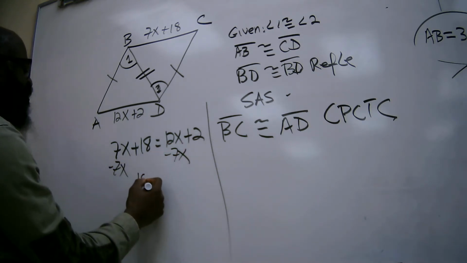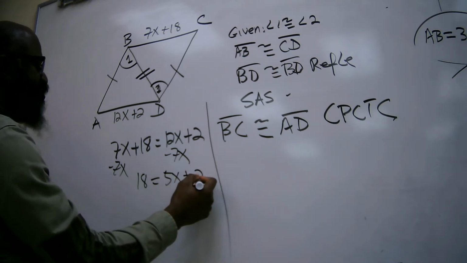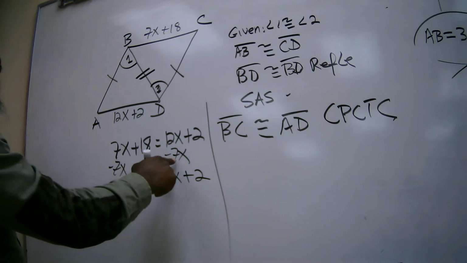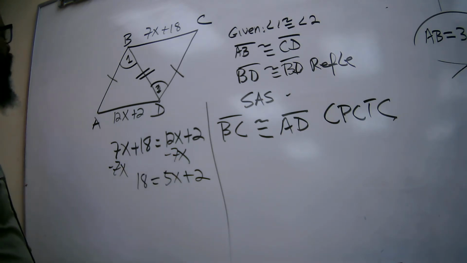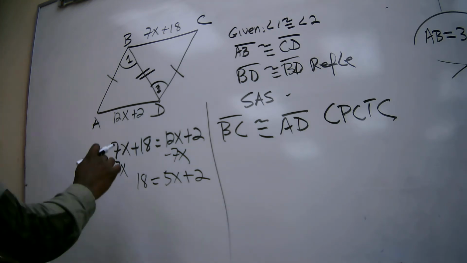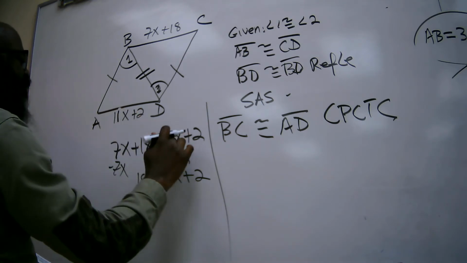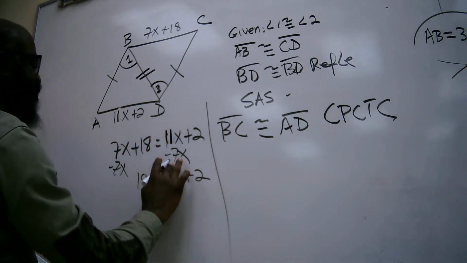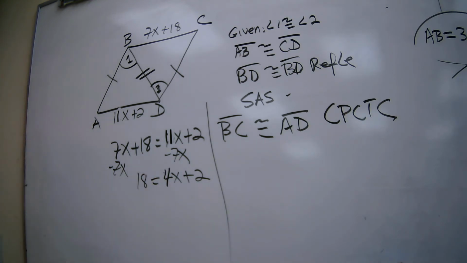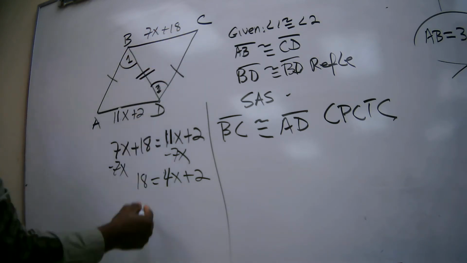Oh, sorry, that was 11x, big mistake. So 7x plus 16 is equal to 11x plus 2.